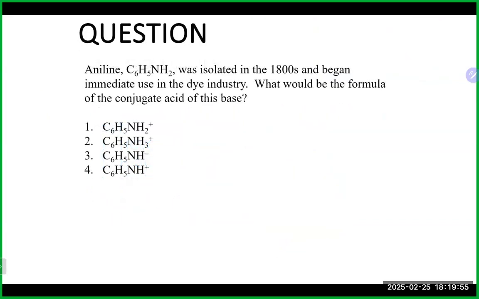Okay. So for this guy here, what is the formula of the conjugate acid in this case? What should the formula of the conjugate acid be if we started with this guy here?